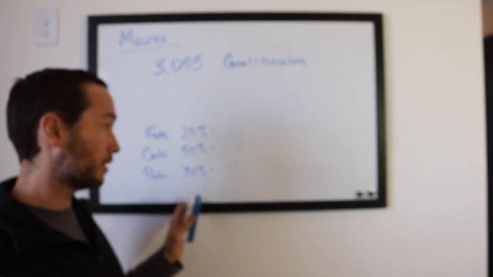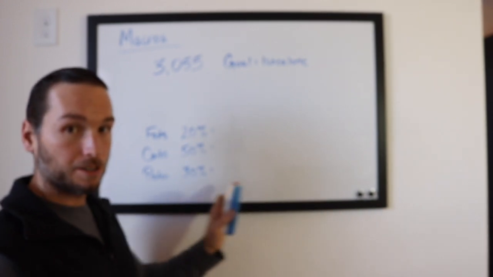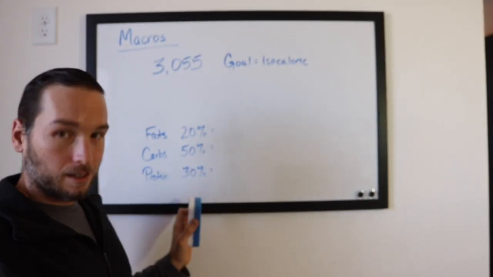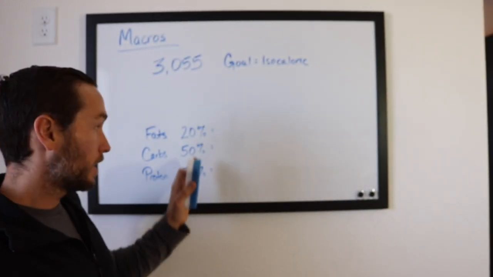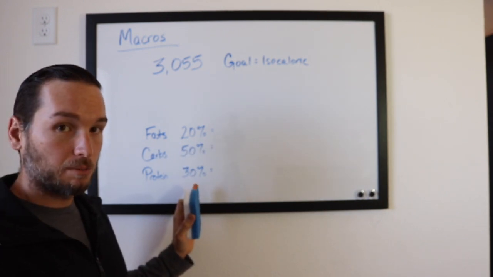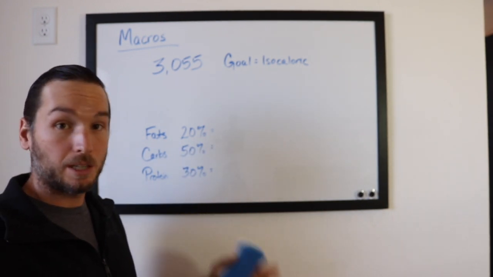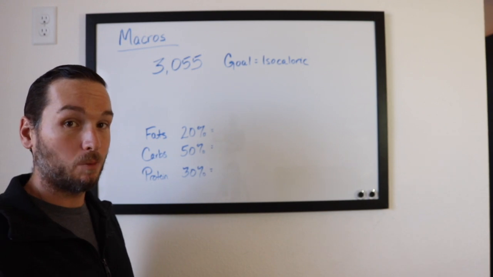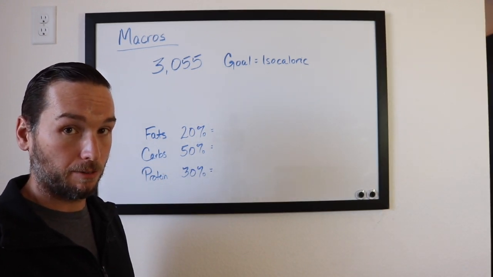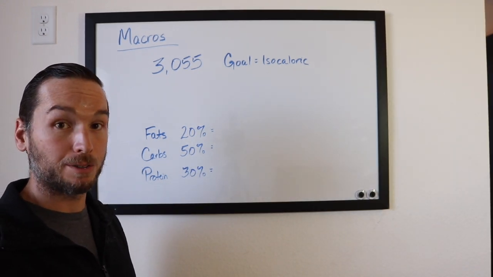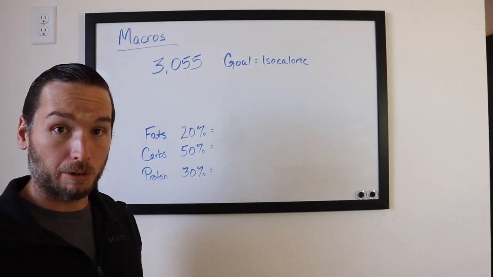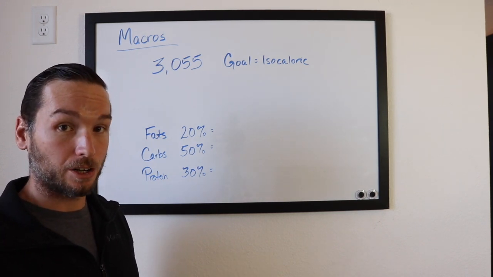Now there are going to be a number of changes here for others as well, in that you may be on a set gram amount and not worried too much about a percentage. For example, if somebody's looking to maintain protein, they may eat 1 gram of protein for every pound of body weight. So if you weigh 140 pounds, you may go on 140 grams of protein per day to start out.